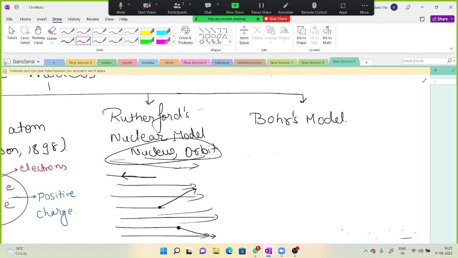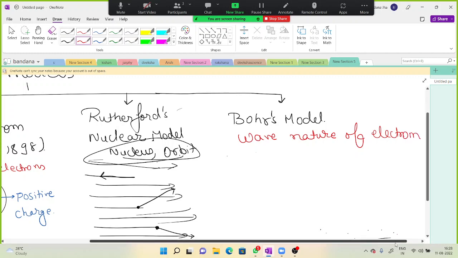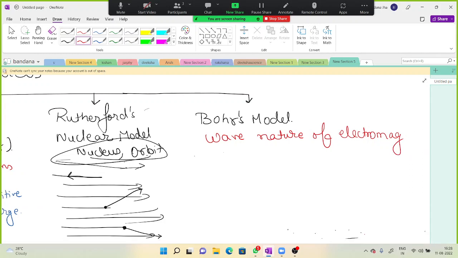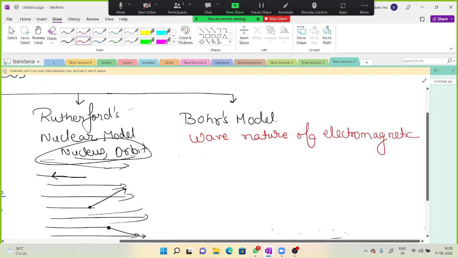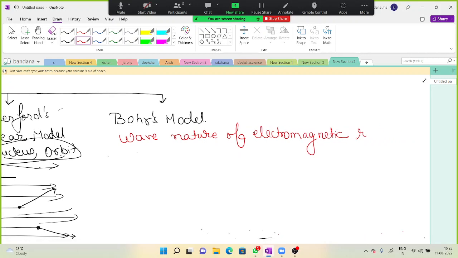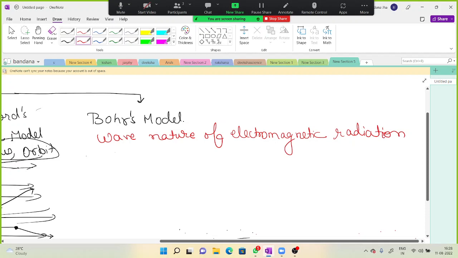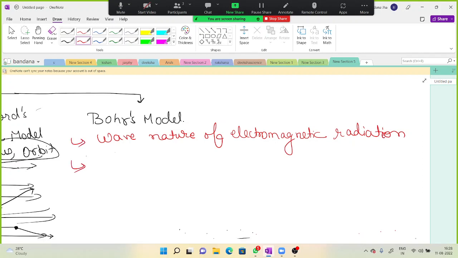He said that there is the wave nature of electromagnetic radiation and another, the particle nature of electromagnetic radiation.